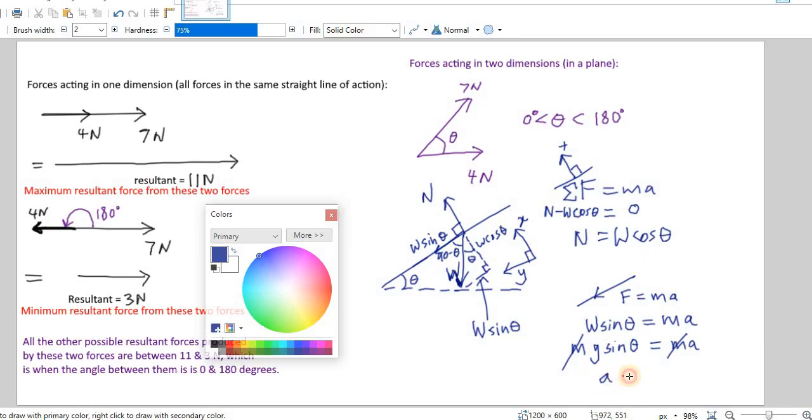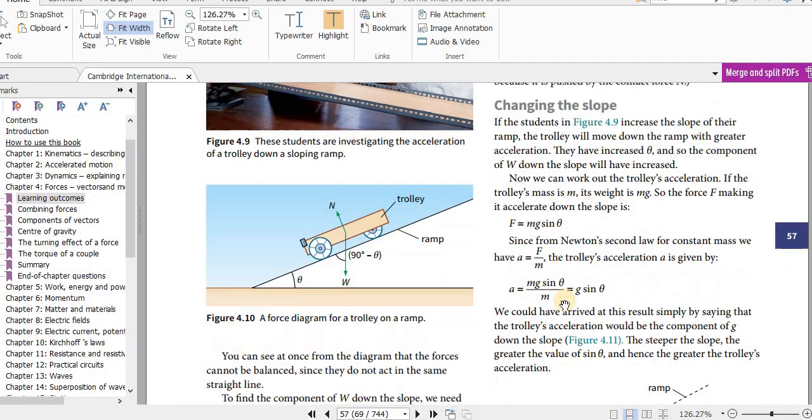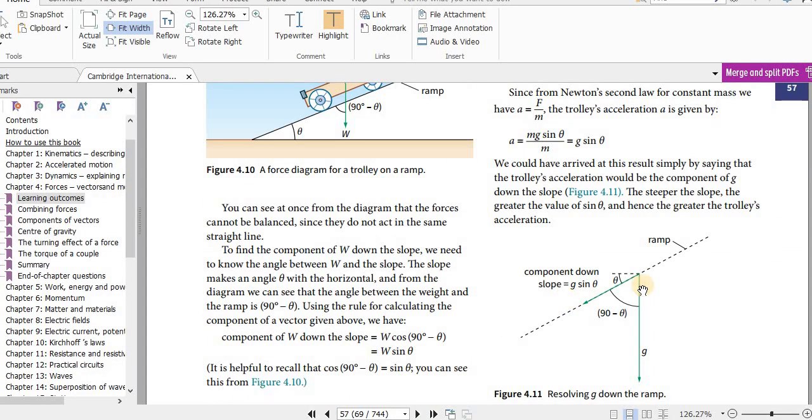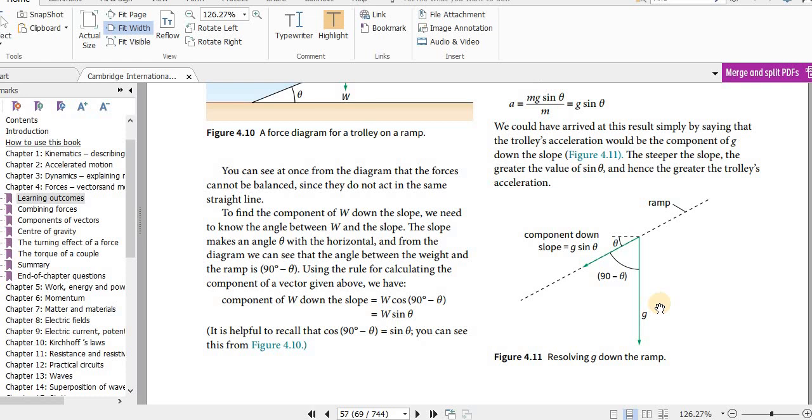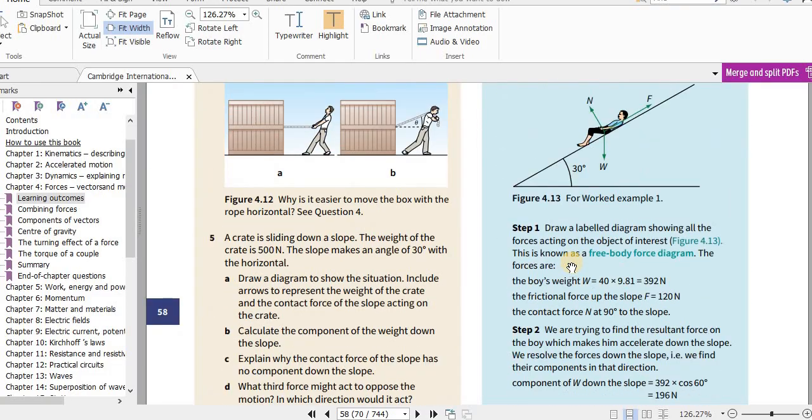We get a equals g sine theta. So that's what we have here, g sine theta, and that's resolving g down the ramp.